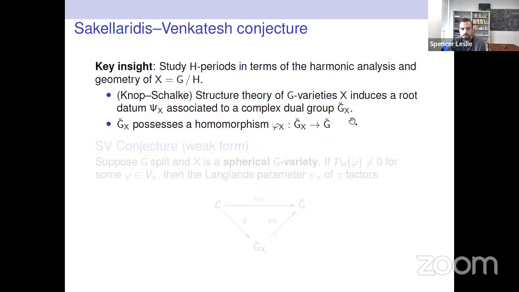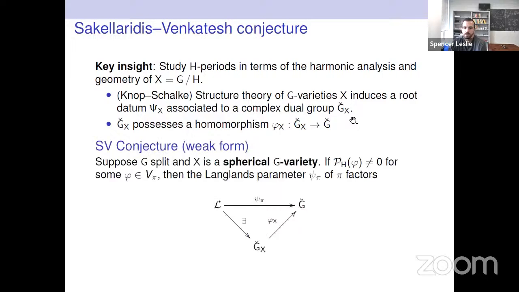So that's saying a lot, but the point here is what Sakellaridis and Venkatesh conjecture, at least in a weak form, is that the non-vanishing of the H period on a representation pi should imply that the Langlands parameter factors through this morphism from the dual group of X. So there's some constraint on the parameters which can possess a non-vanishing H period.